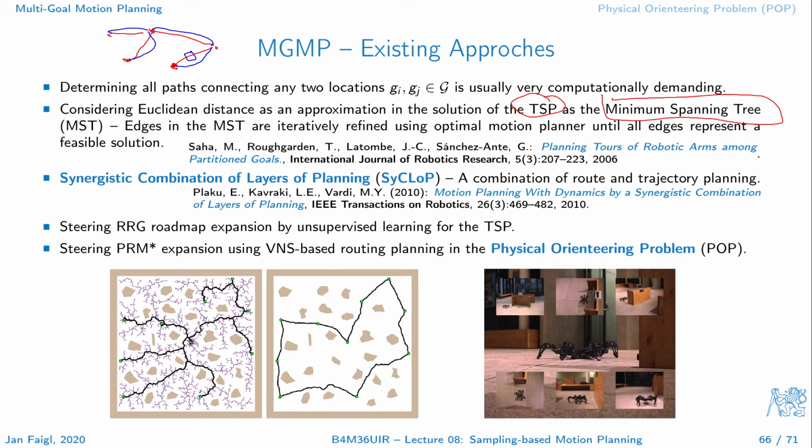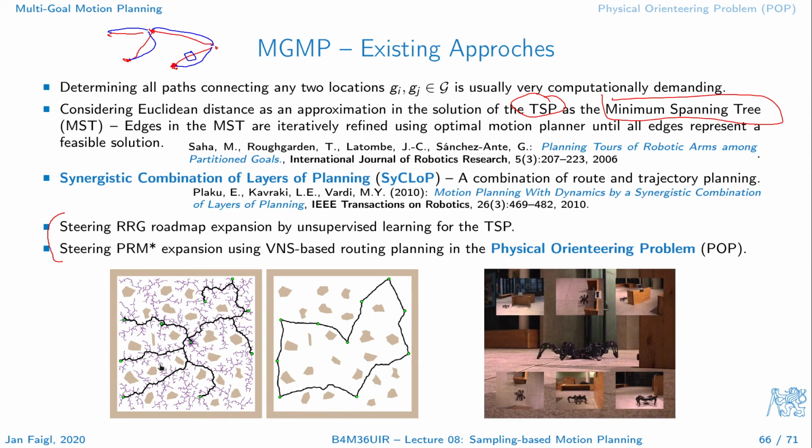The two other approaches address how we can expand the roadmap. The first one is motivated by applying unsupervised learning for the TSP.